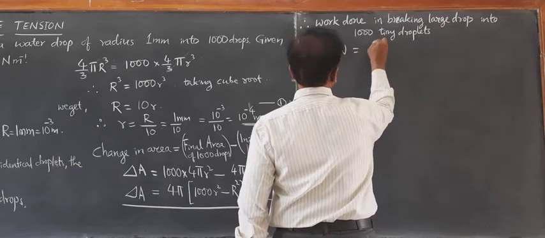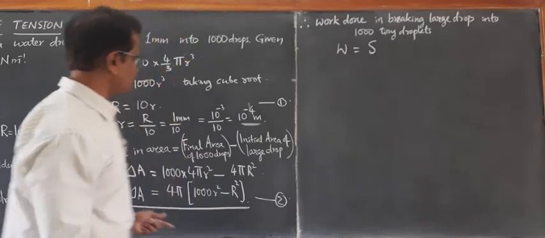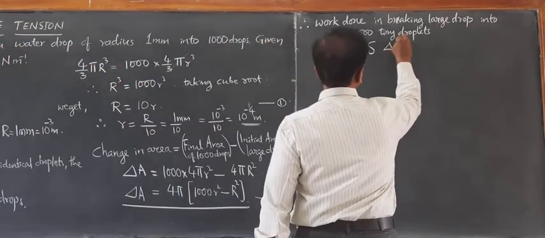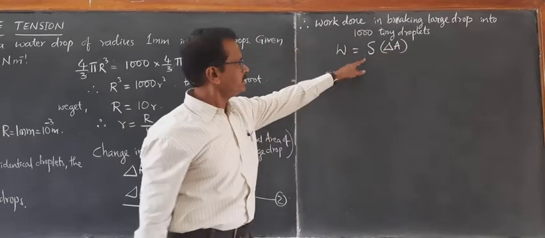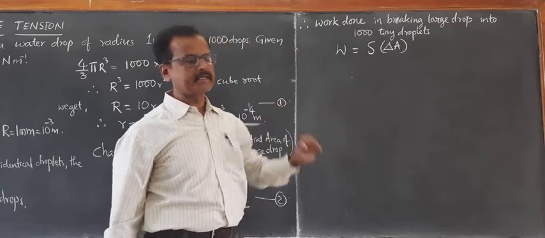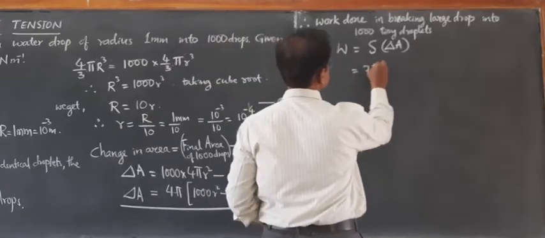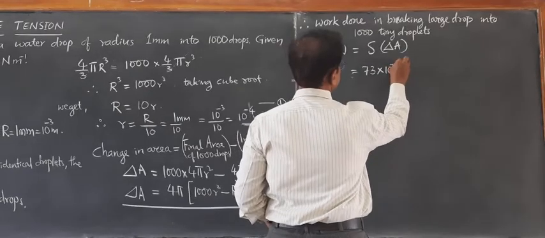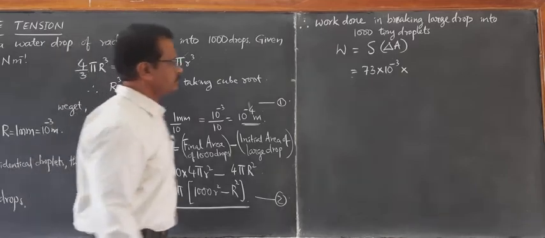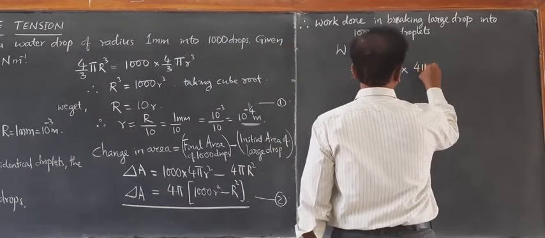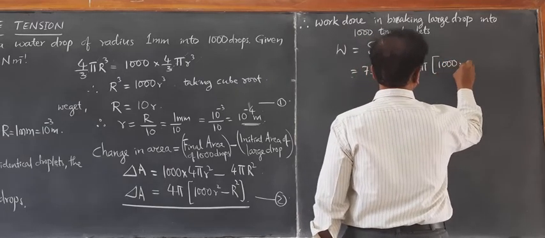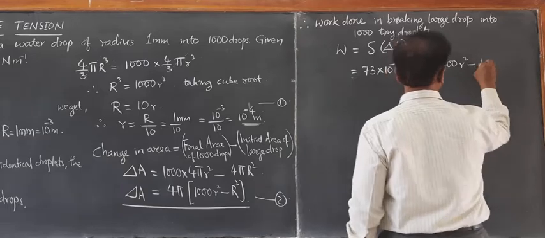W is equal to S, the surface tension, that is surface energy per unit area, into changing area. This is the value 73 into 10 raised to minus 3, into changing area. Changing area is 4 pi into (1000 r square minus capital R square).